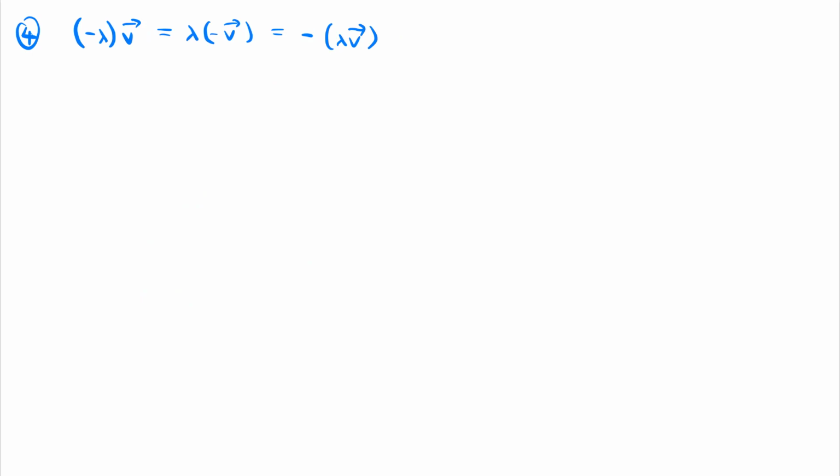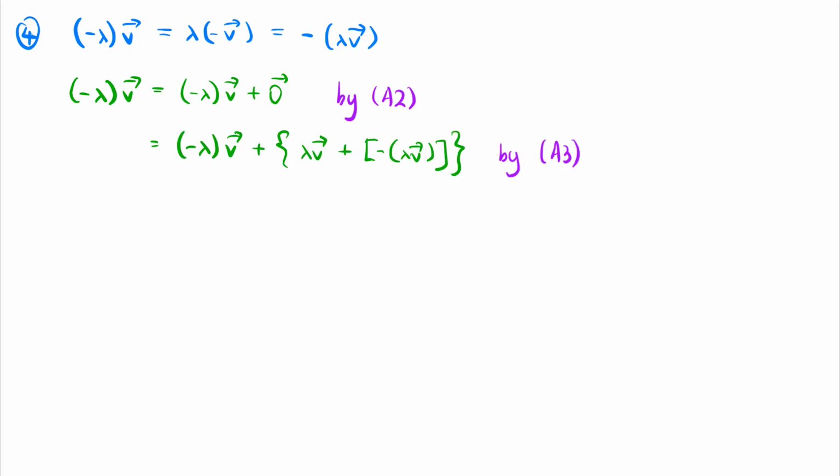Fourthly, negative lambda times v equals lambda times negative v equals negative of lambda times v. We start with (negative lambda) times v. This equals (negative lambda) times v plus the zero vector using A2. This equals (negative lambda) times v plus (lambda times v plus negative of lambda times v) by A3.